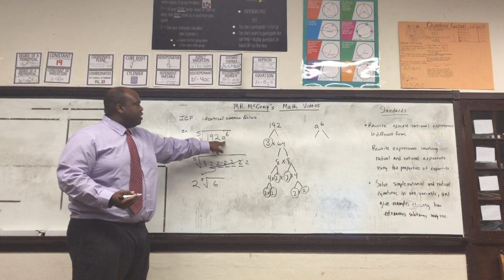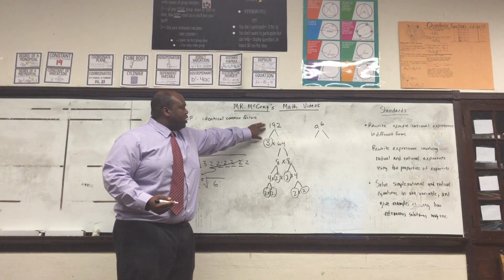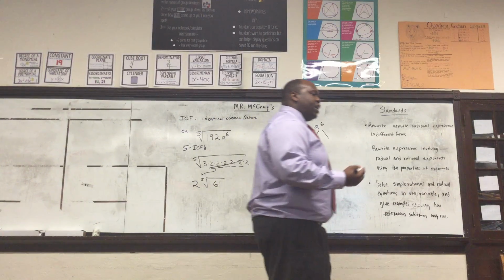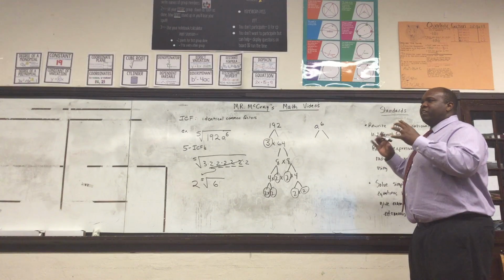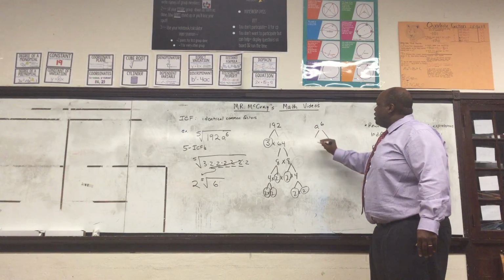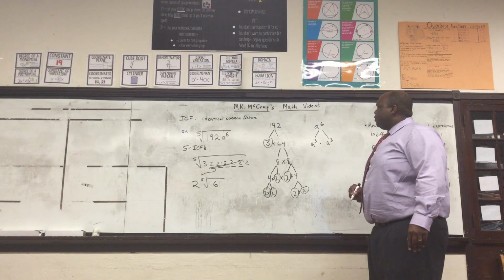So the first thing you got to think about, okay, is how does this break down similar to 192? So if you think about it, with rational exponents, if you multiply the variables, you're adding the exponents. So if, again, you'll have a to the 6th, you have a to the 3rd times a to the 3rd.